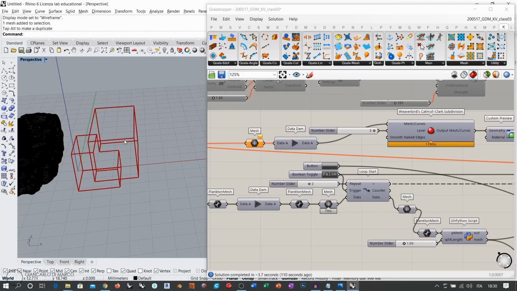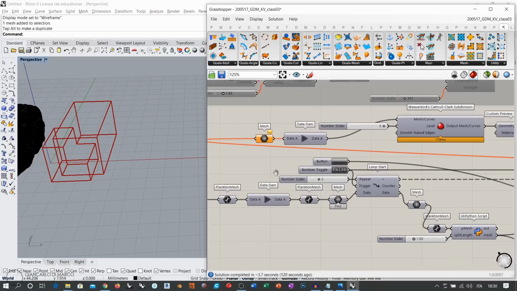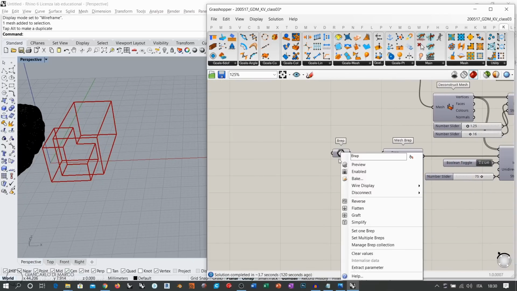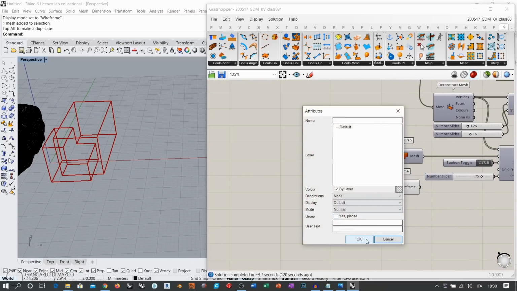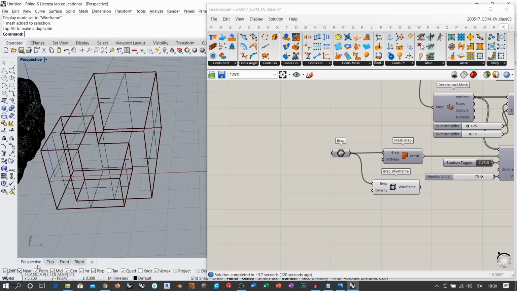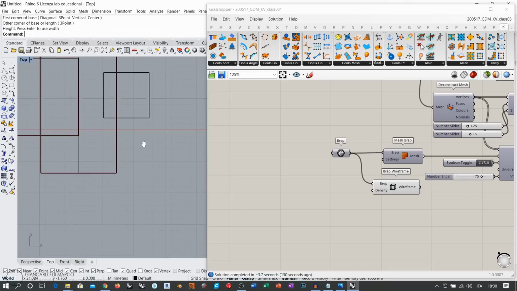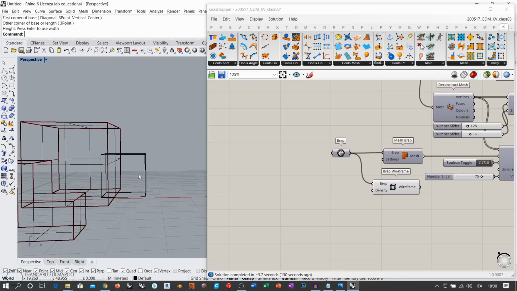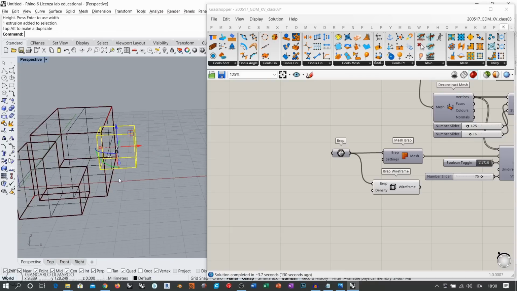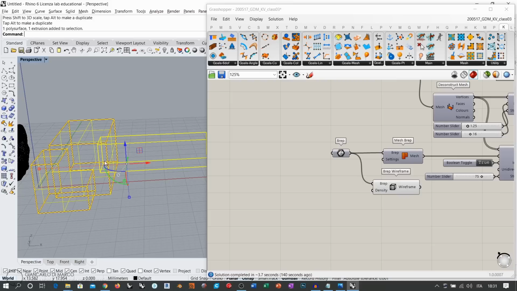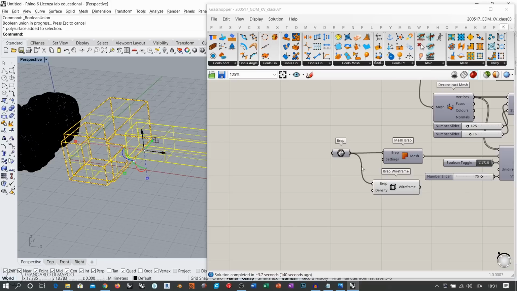If you have a very complex object, like let's say that I bake again this thing here, and then I go onto the top viewport and create another box like this, and I take this box and move it like here and scale it like this, and join it together with the previous volume. So let's say that we have this thing here.